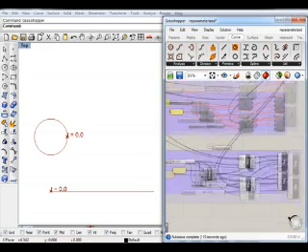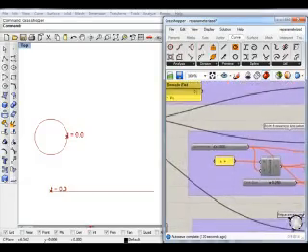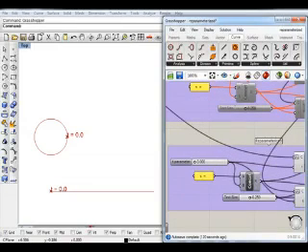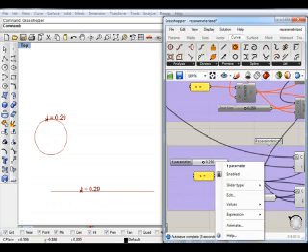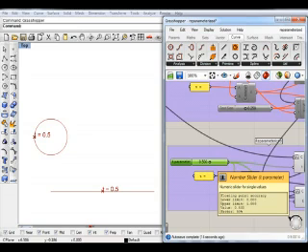What that's going to do is rewrite that curve so that, instead of going from 0 to 2 pi for the circle, we're going from 0 to 1. So now when I move along that path, I can go in percentages of 1. If I double click here and type in 0.5, that's going to get me halfway along both of those paths.